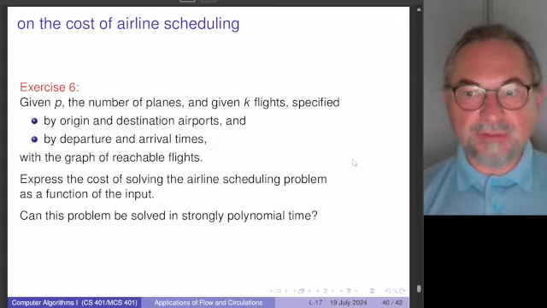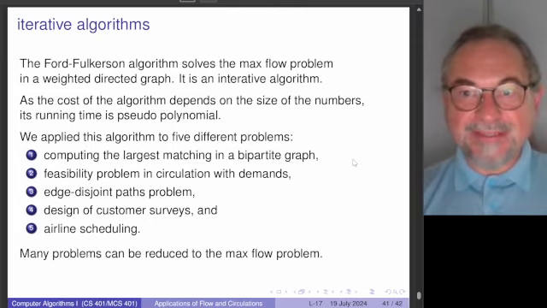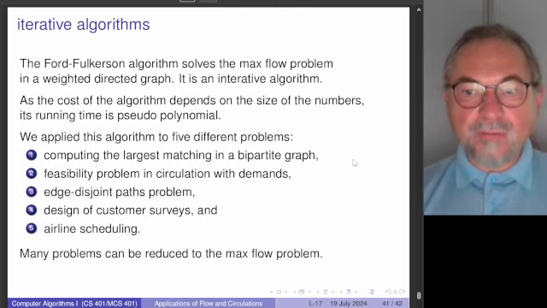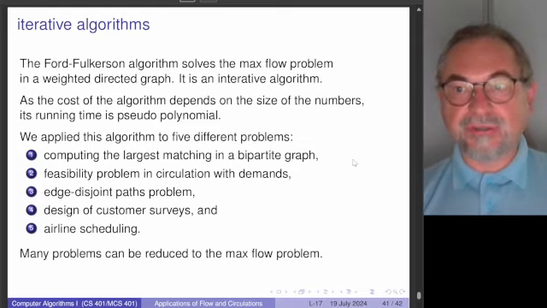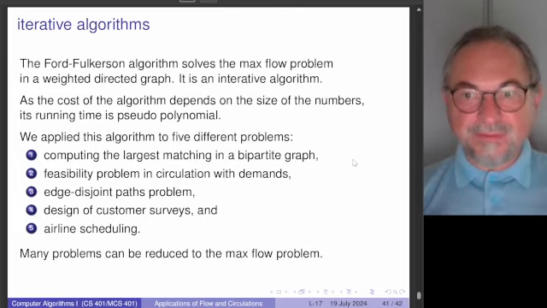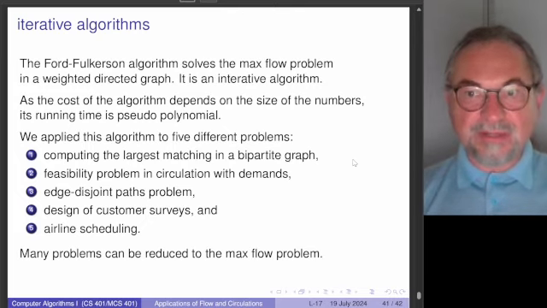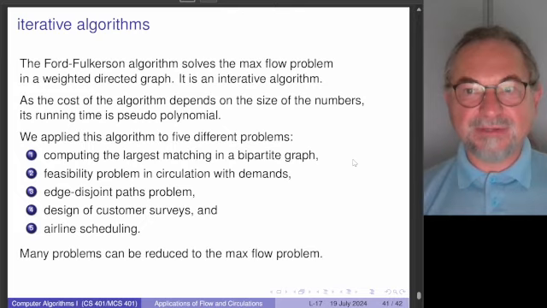Okay, so this concludes this lecture. It also concludes the entire chapter on network flow, where we considered iterative algorithms. The Ford-Fulkerson algorithm proceeds in multiple stages, augmenting the flow. It's not always obvious that iterative algorithms terminate, but it was very important that in this course we study only discrete problems and we computed discrete numbers.